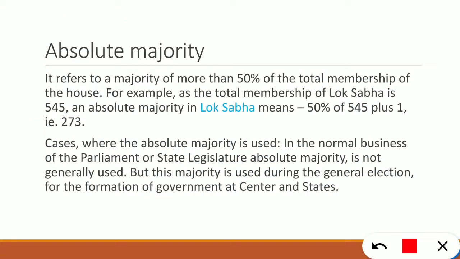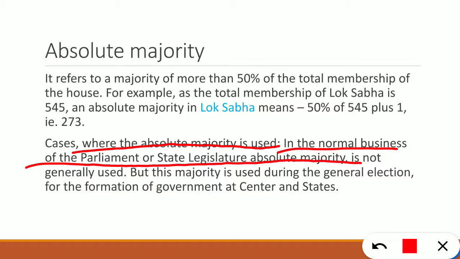Now, where is absolute majority used? In the normal business of Parliament or state legislature, absolute majority is not generally used. One may go through the newspaper and will not read about absolute majority.